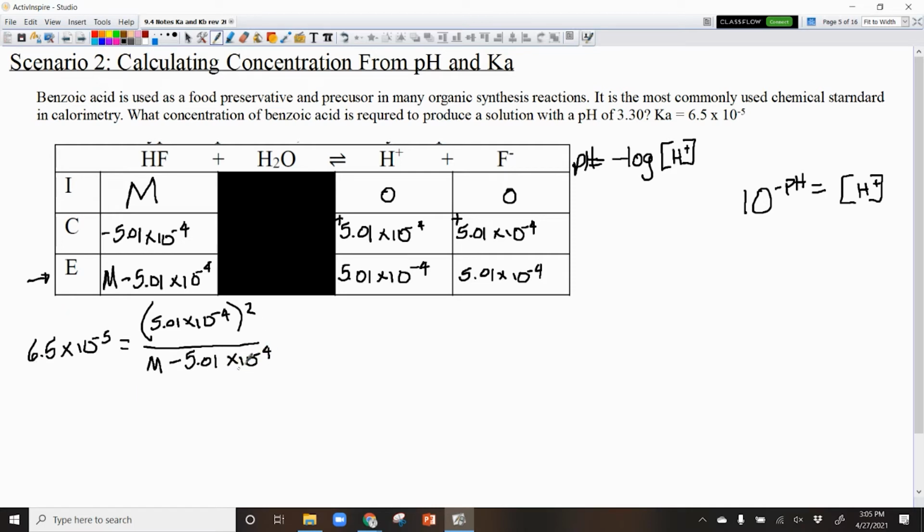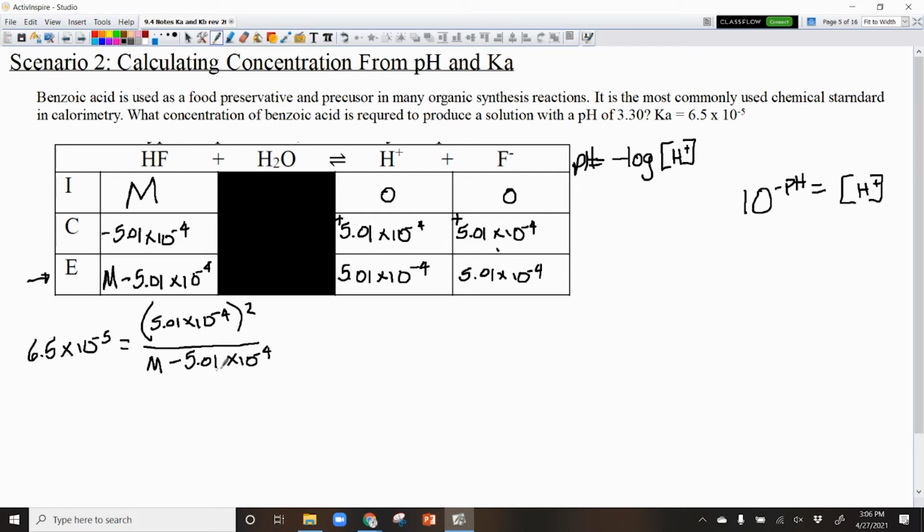So we just have one variable here now. Okay. So we can solve for m. We can solve for this concentration. Now the math gets kind of intense here. So let me go ahead and work this out.